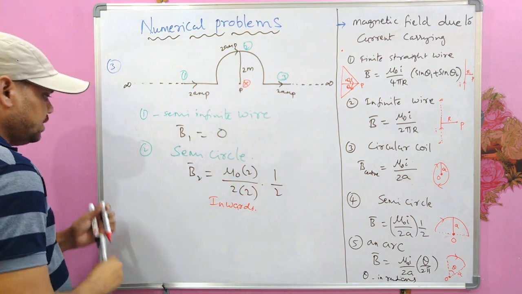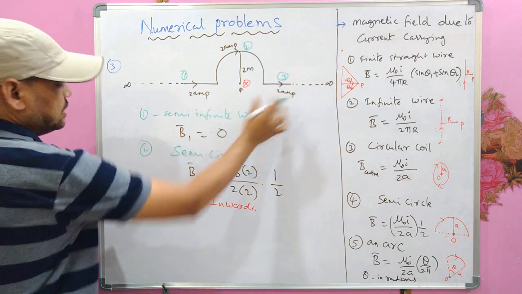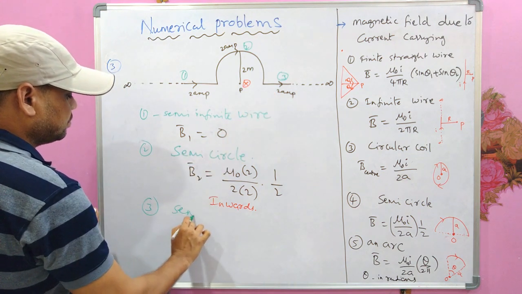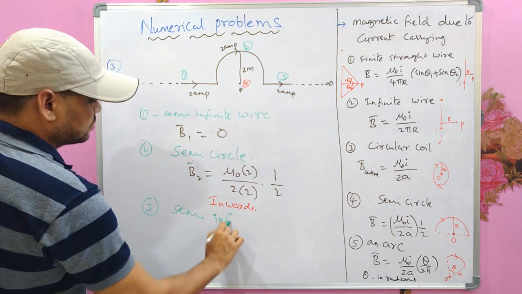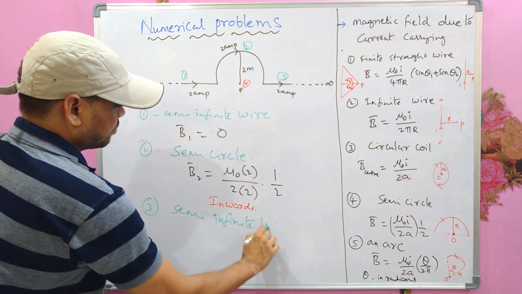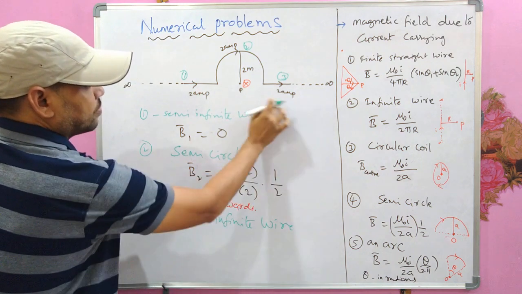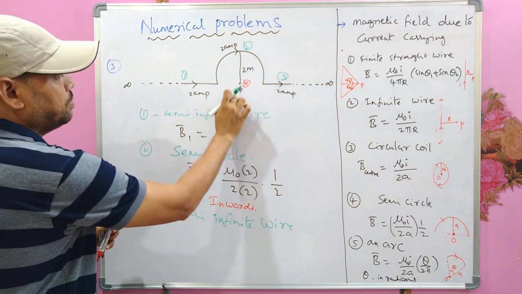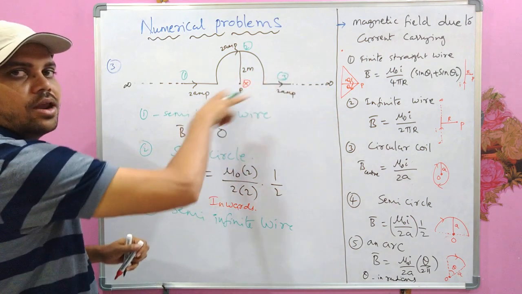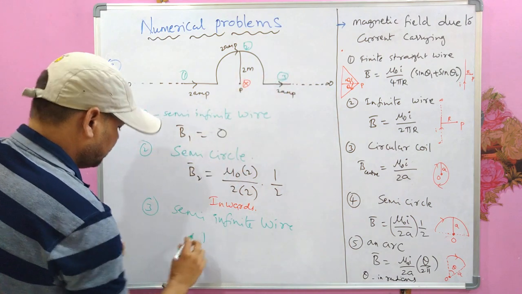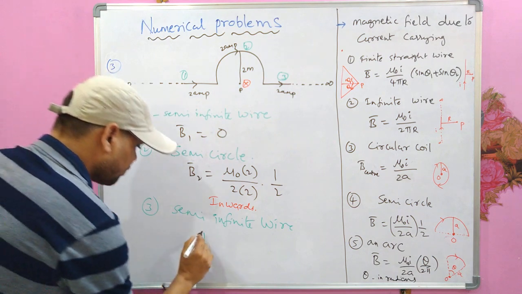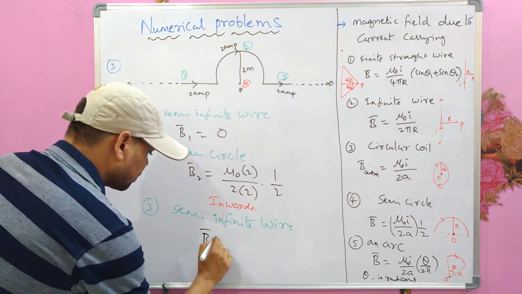Now the third part is again a semi-infinite wire. P is on its axis, along it. So B3 will be 0.